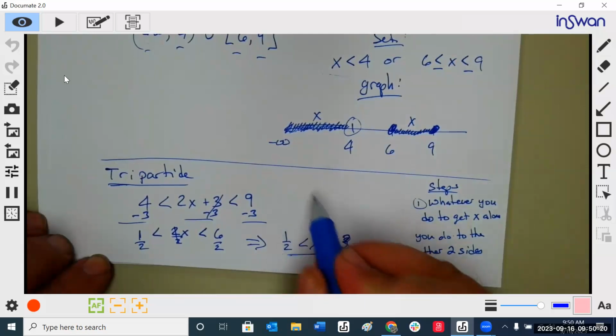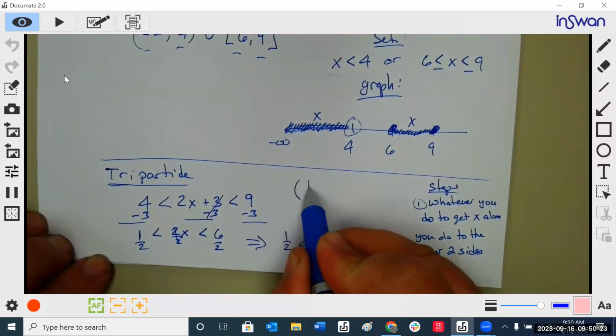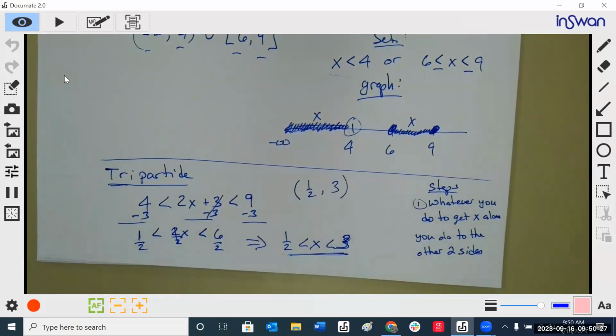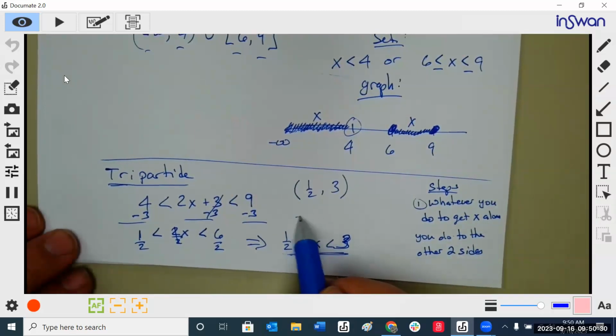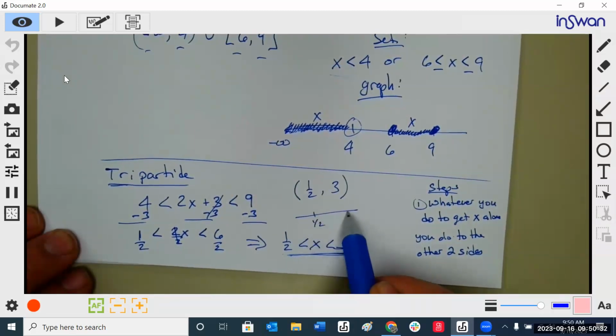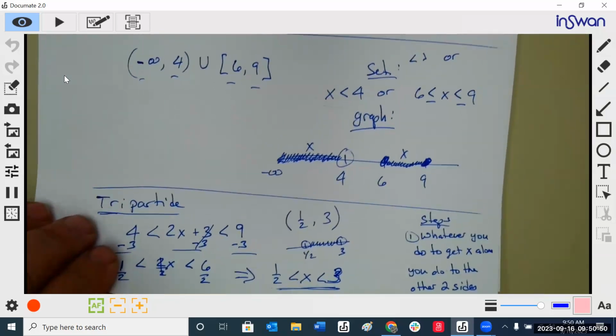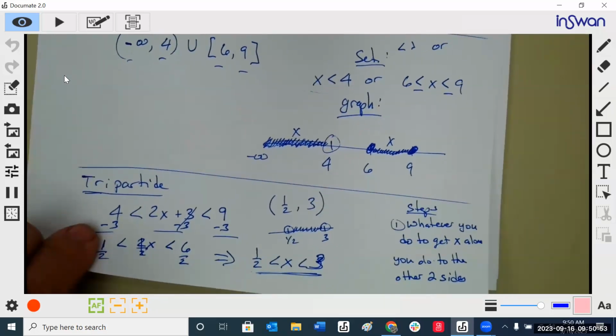So the interval notation would be parenthesis 1/2, comma, 3, parenthesis. And the graphing would be 1/2 and 3 with open circles, and it's shaded in the middle. I mean, that's what that chart we made in the middle of the class did for us. Let's do one more.